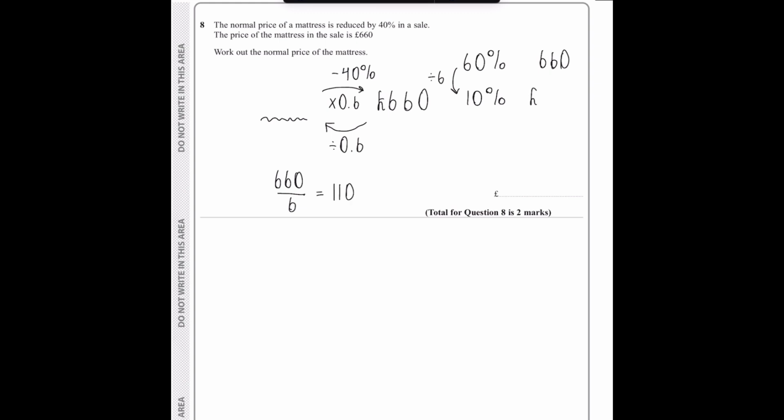So in other words, 10% of the original price is £110. But we don't want 10% of the original price. We want the original price on its own, so 100% of it. So from there, we times by 10. And if we times by 10, we get 1,100. And as a result of this, we now have the normal price of the mattress, which is £1,100.